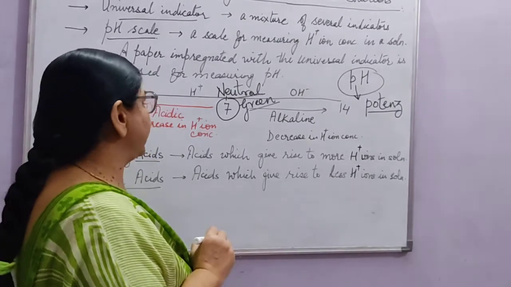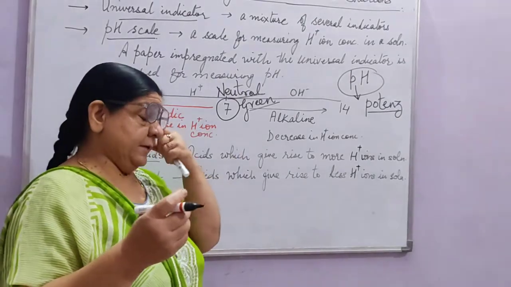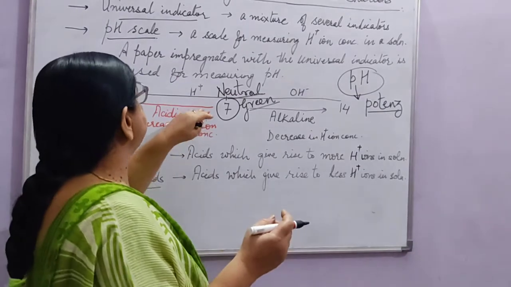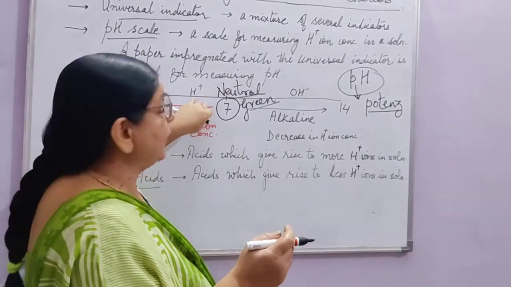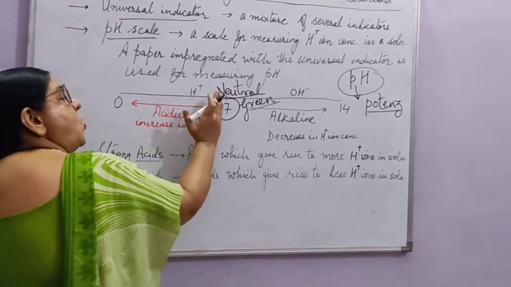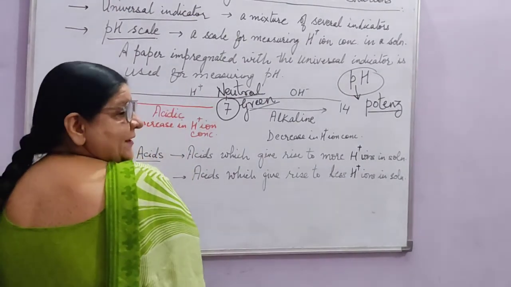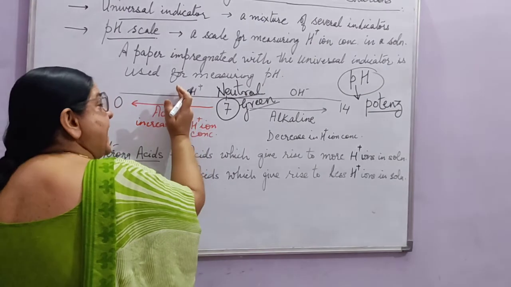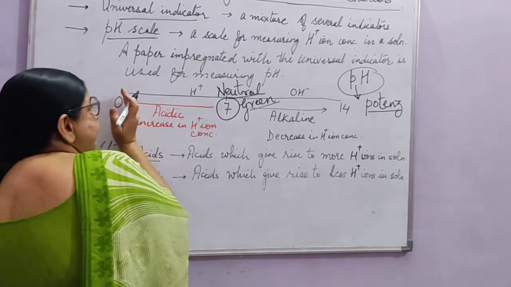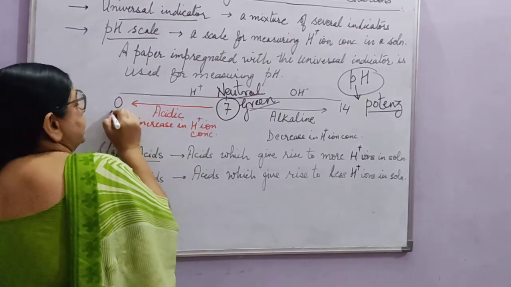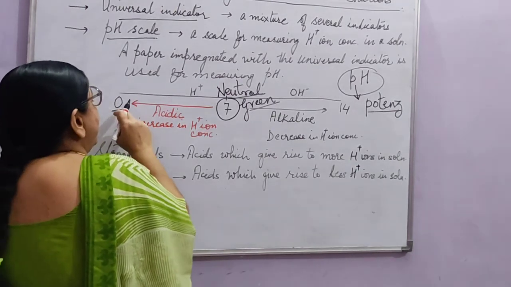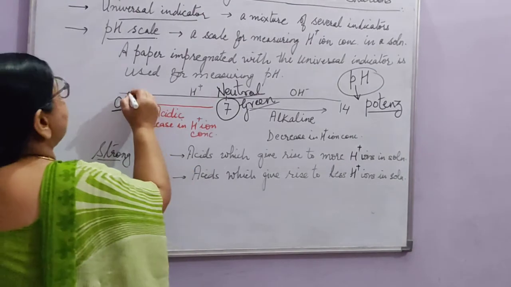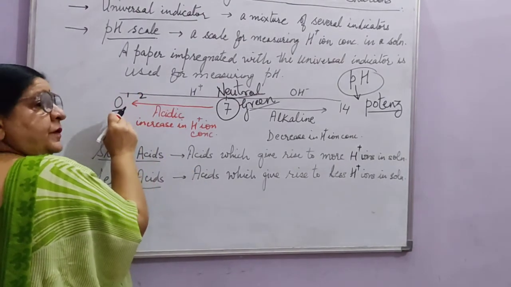When we see it through the pH paper, these are all shades of orange and red. It starts from yellow, then orange, and then moving on to bright red towards this side, where the pH value is lower, that is 1, 2, 0.